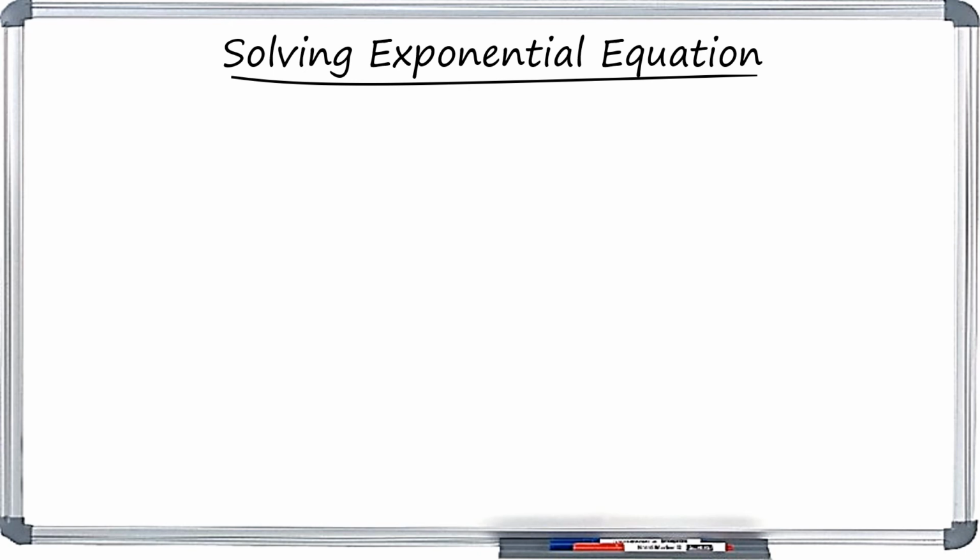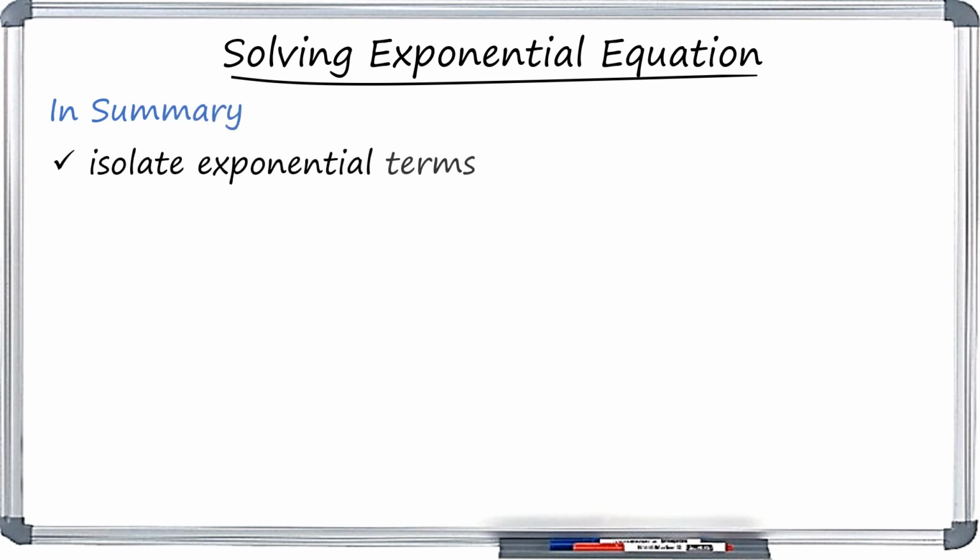Let us summarize our steps in solving exponential equations. First one is to isolate exponential terms. So we want one side of the equation to have an exponential term, and if given two exponential terms, isolate them on both sides of the equation.